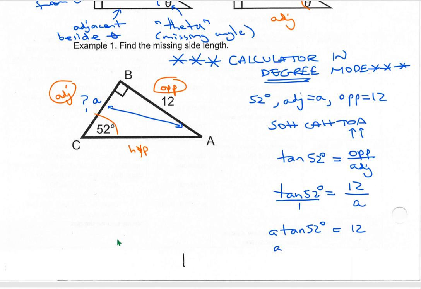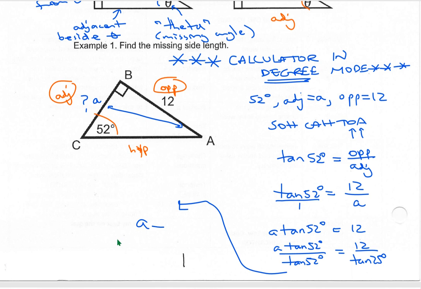And now to isolate A, we divide by tan 52. Tan 52 is just a number in your calculator. So if we have A times that number, then to get rid of that number, we divide by that number, and they'll cancel out. And now I have A equals 12 divided by tan 52.